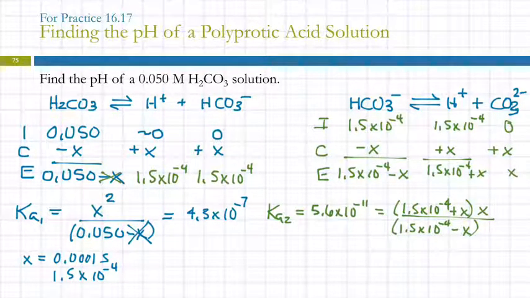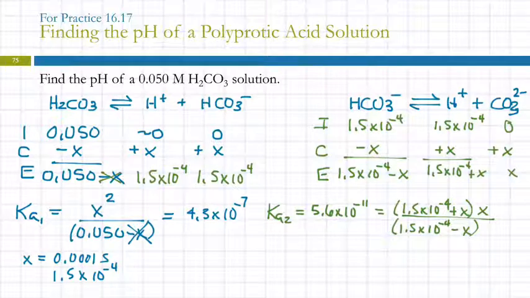So is that small relative to 1.5 times 10 to the minus 4? Yeah, it's crazy small. Is it 5.6 times 10 to the negative 4 or negative 11? It's 5.6 times 10 to the minus 11 is what Ka equals.